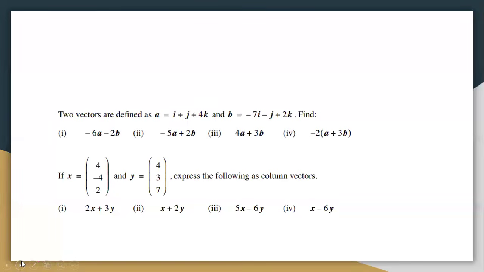I'm going to add something here: after finding these vectors, kindly go on and find the length. The same thing here, also go on and find the length. Try out also that part for finding the length.